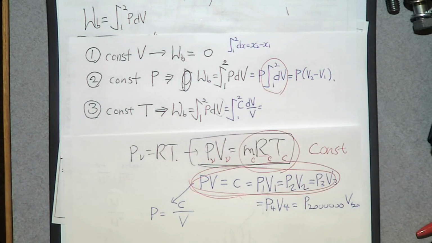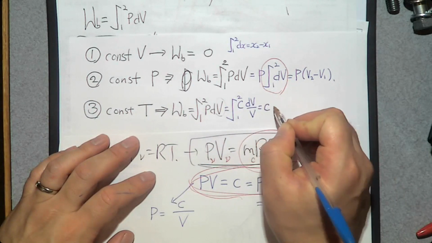Then what do you want to do? Oh, there's a C. What is it? Constant. If you have a constant in this integration, what do you want to do? Yeah, it goes outside. So there's a C in front.